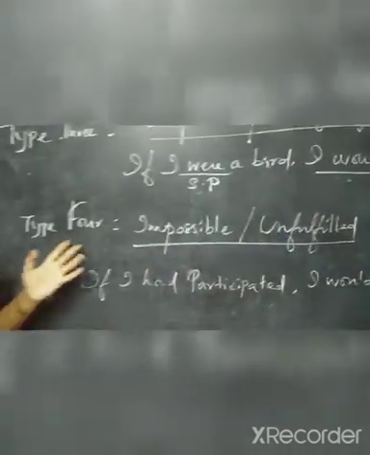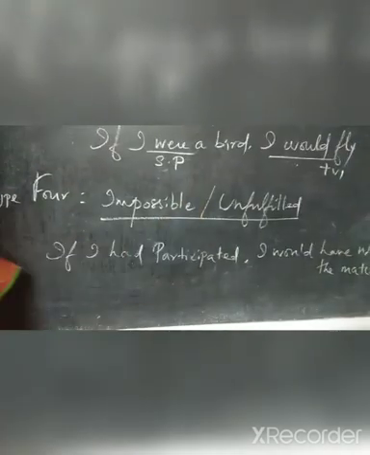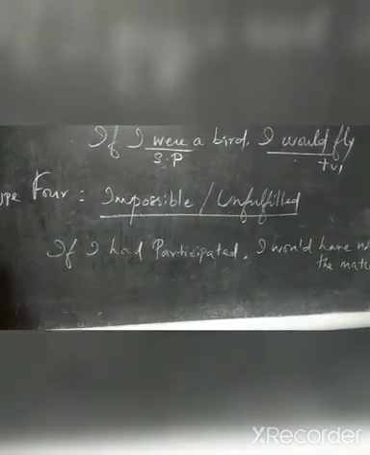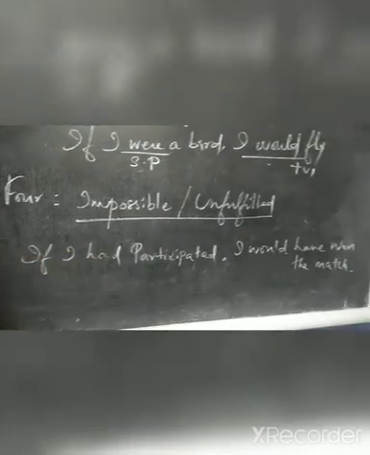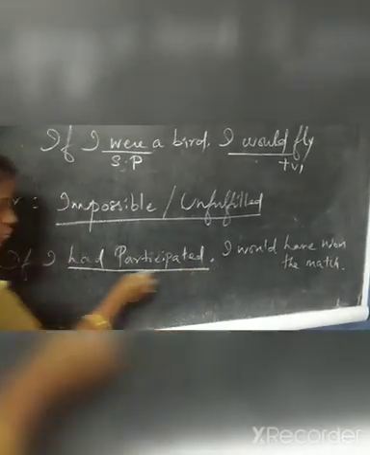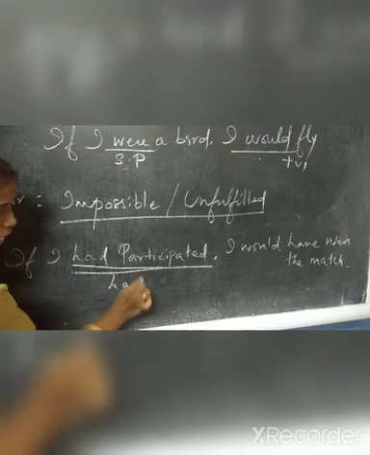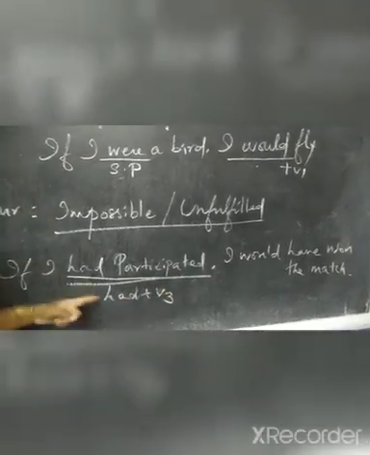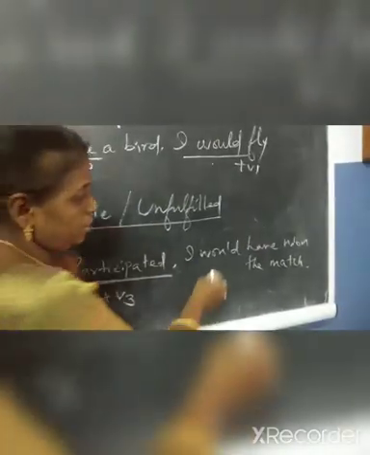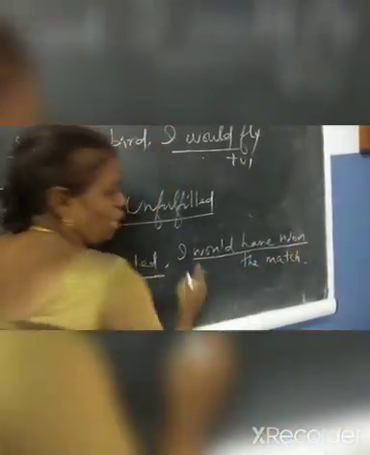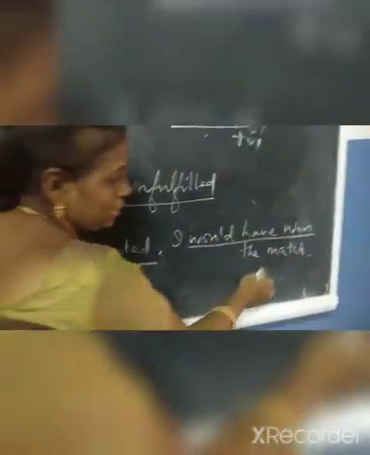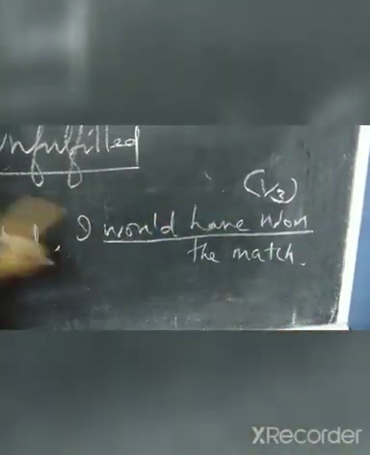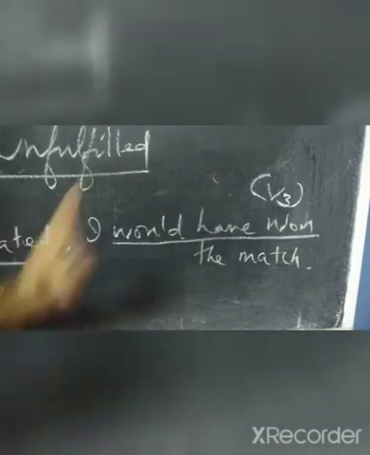Then type 3, impossible, unfulfilled. There is no way. So, if I had participated, I would have won the match. Had participated, what is that? Had plus V3. If it comes in the if clause, the main clause should be changed to would have plus V3, future perfect in the past.